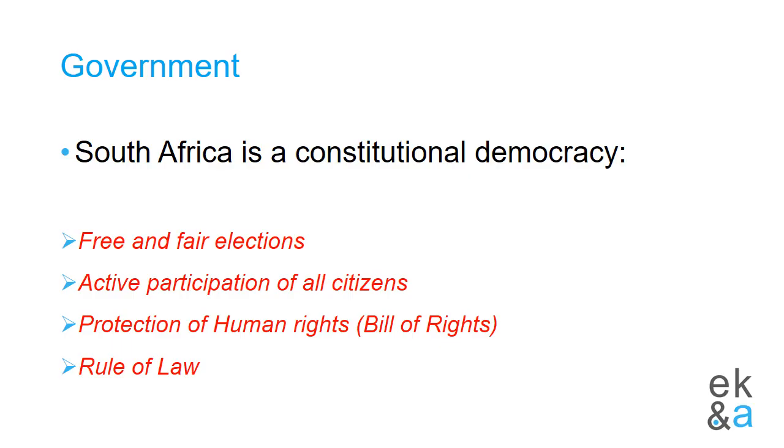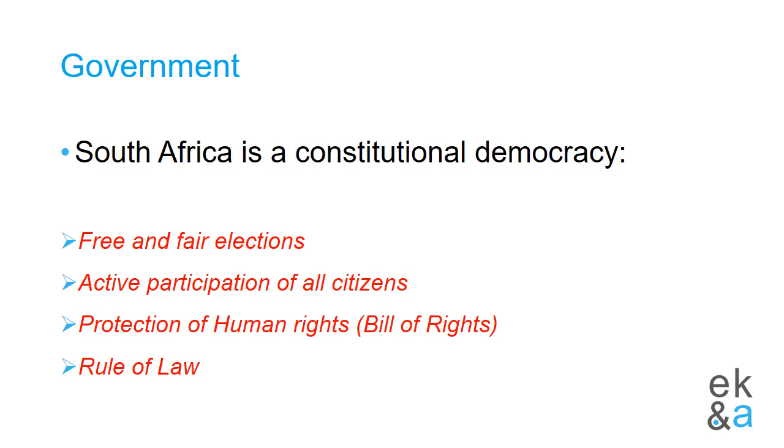South Africa does have a democratic government. Democracy refers to a system of government in which the power is vested in the people, who rule either directly or through freely elected representatives. In a democratic system of government, the relationship between the government and the people is not simply based on power.